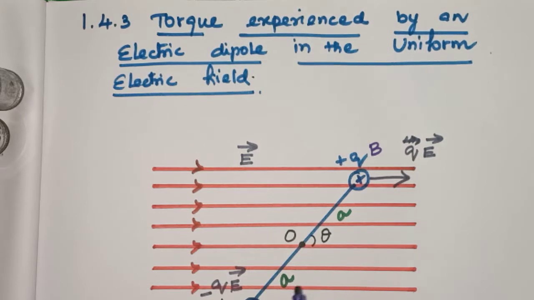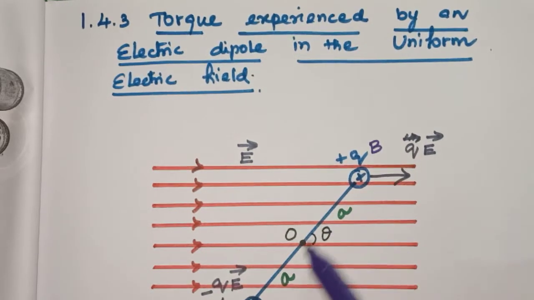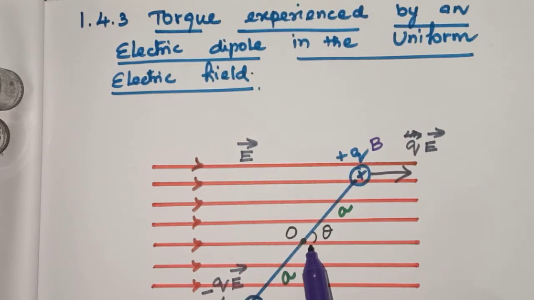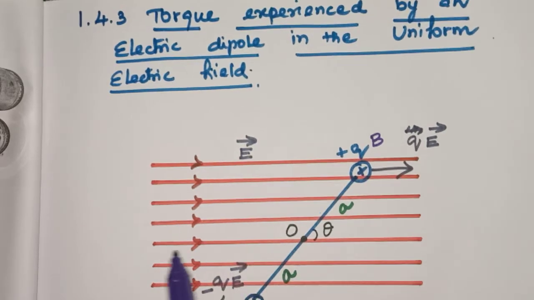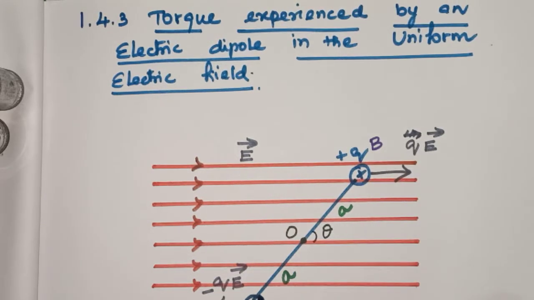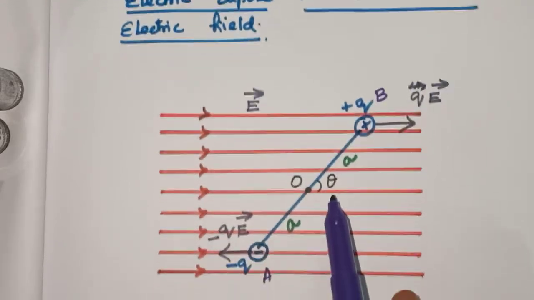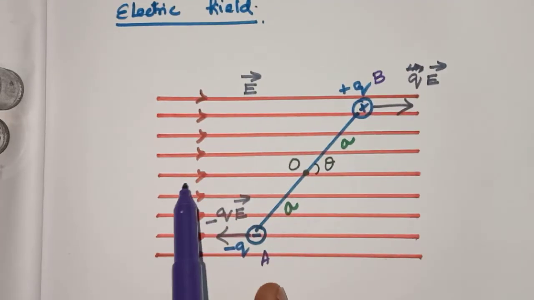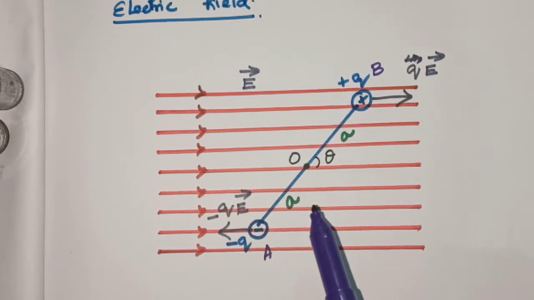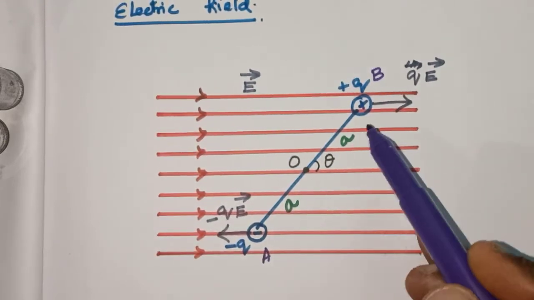If the dipole is present in the uniform electric field, that dipole makes an angle theta with the electric field. In this situation, how much torque is developed on the dipole, that is what we are going to calculate.